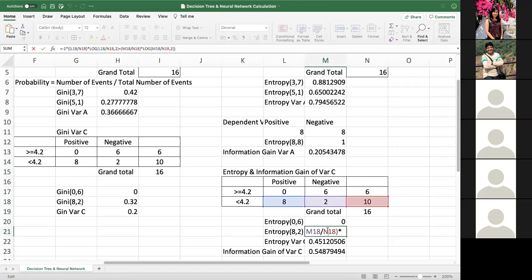So this is how the algorithms will calculate entropy and Gini of all variables and then identify the lowest Gini and highest information gain. This methodology is for all tree-based models in machine learning: decision tree model, random forest and gradient boosting.